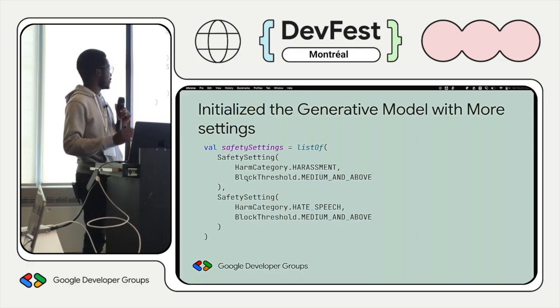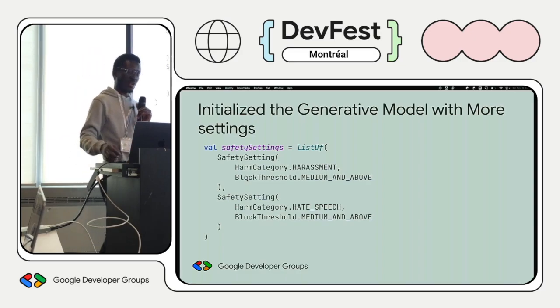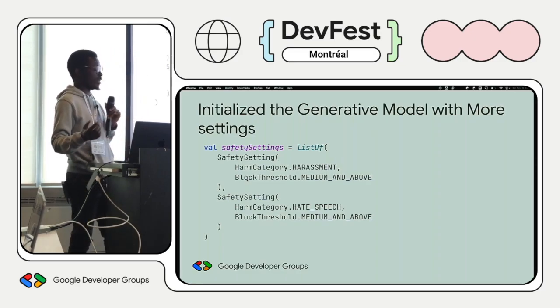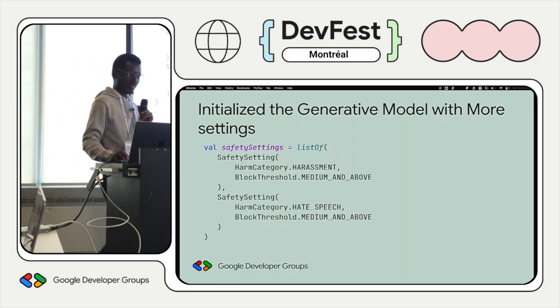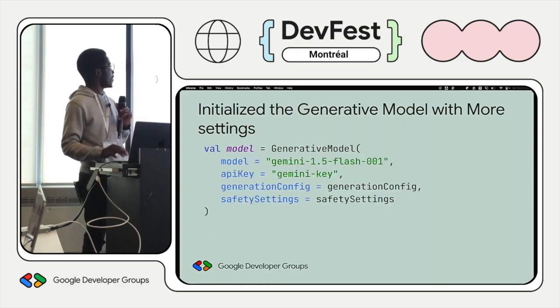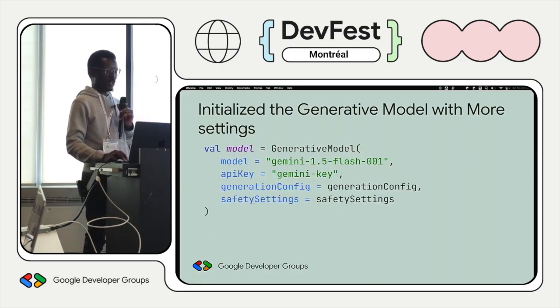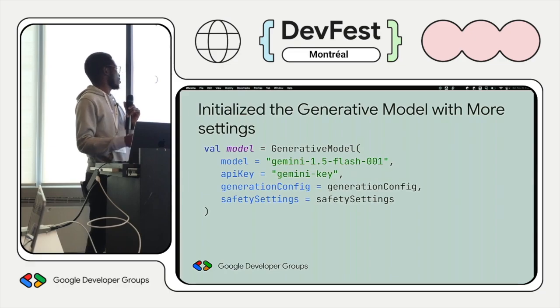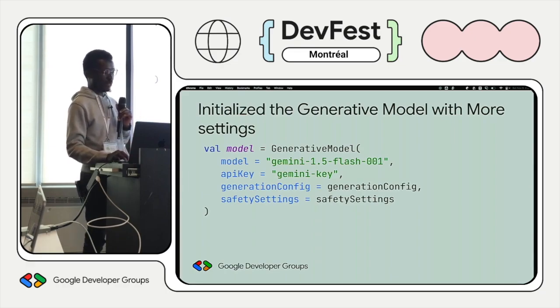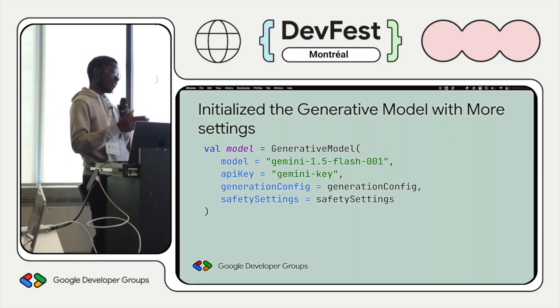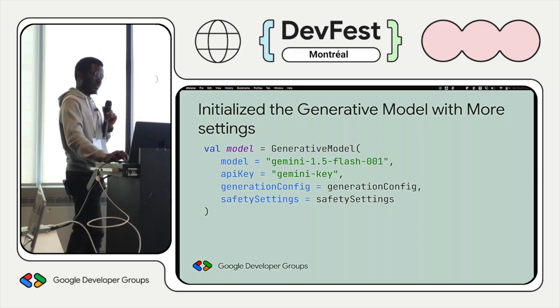Here you can define a bunch of configuration related to hate speech, harassment, and so on. And after you have all those configurations, you just need to set them into the model, and you will now have the model set according to those parameters.